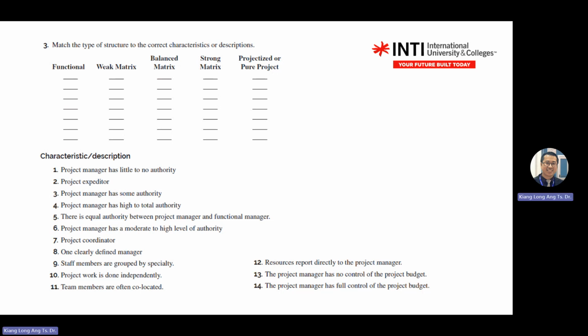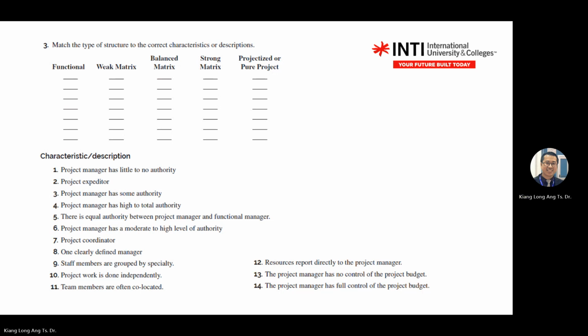Okay, so characteristics here, 1 to 14. You fill in the blanks based on whether it's functional, then you fill in the numbers here. So, for example, we keep repeating the previous one. You see, project manager has little or no authority.